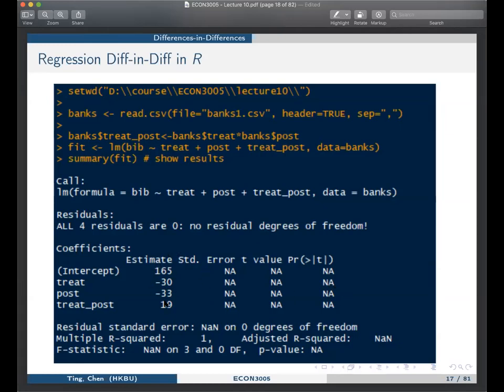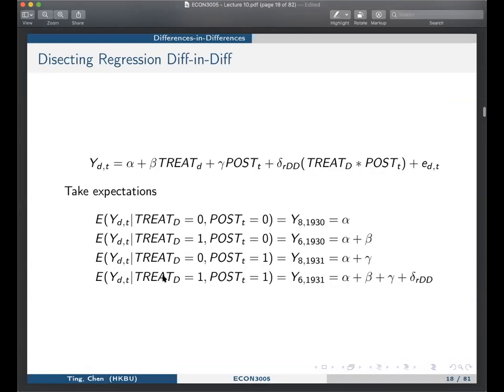The estimates for alpha, the treatment group coefficient, the post coefficient, and the interaction term delta correspond to the means.